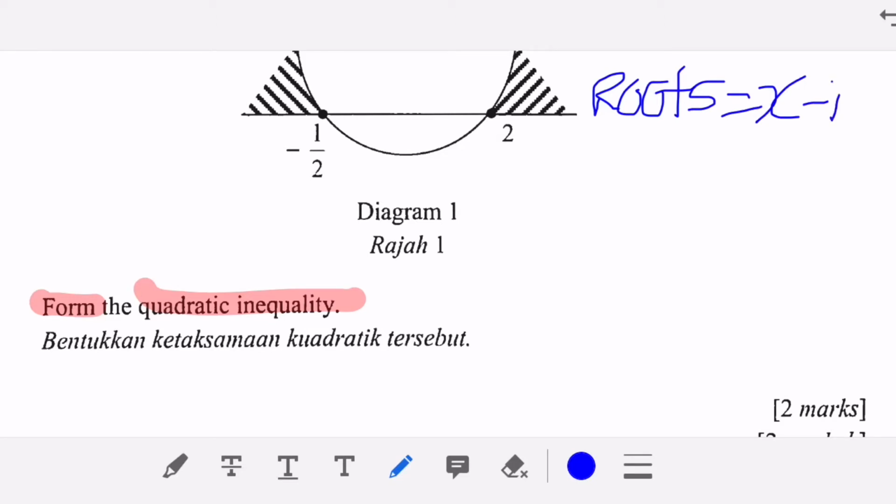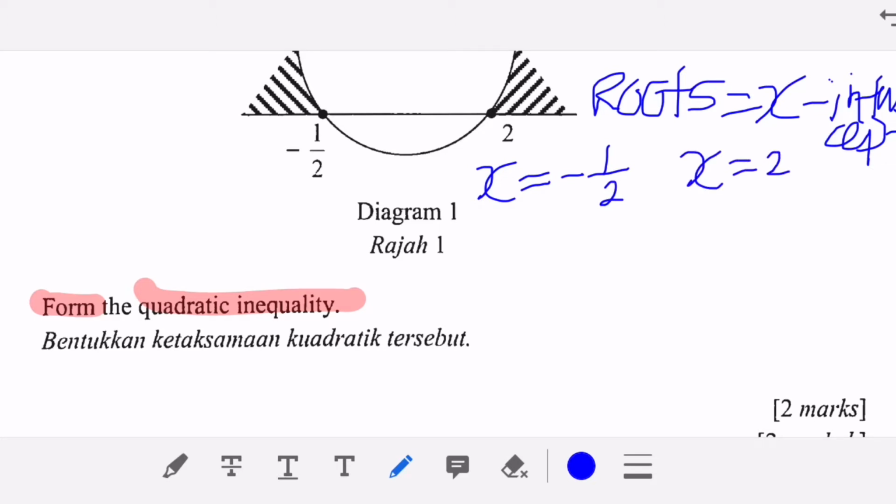So first you write the roots. Okay, it's the x-intercept. Then you read out the roots. Okay, the x-intercept is the roots. So that means the roots are x equal to negative half and x equal to 2. And then you see the keyword is not "form" yet.